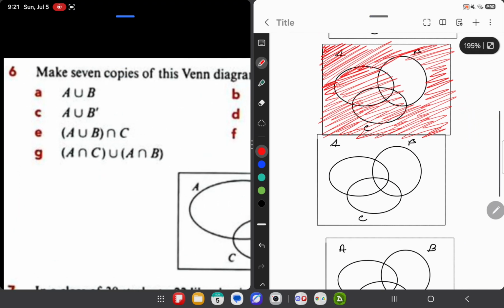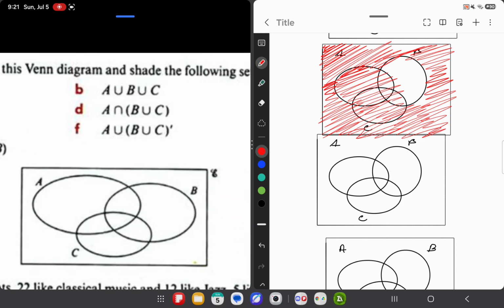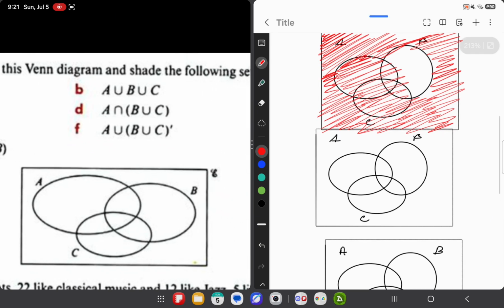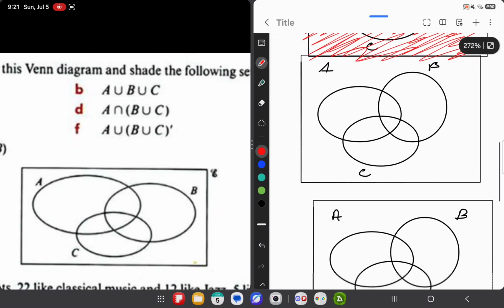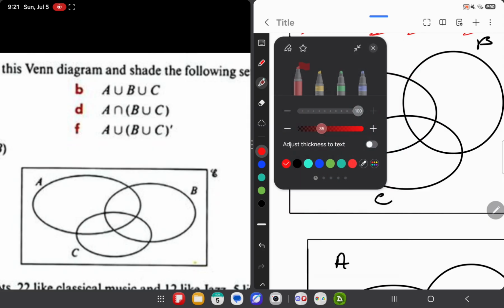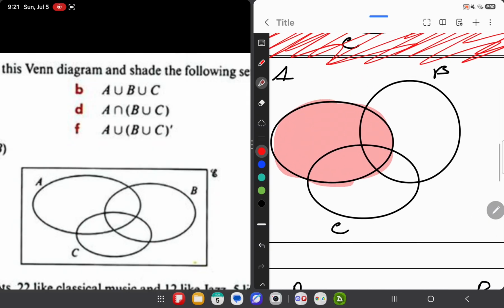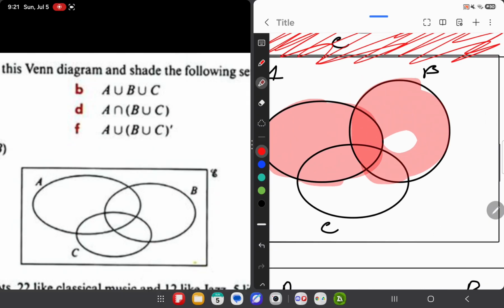Nice. See, D, A intersection B union C. Now what does intersection mean? Intersection is literally what you would expect. Example, we shade A, and we also shade in B. You see this dark area?